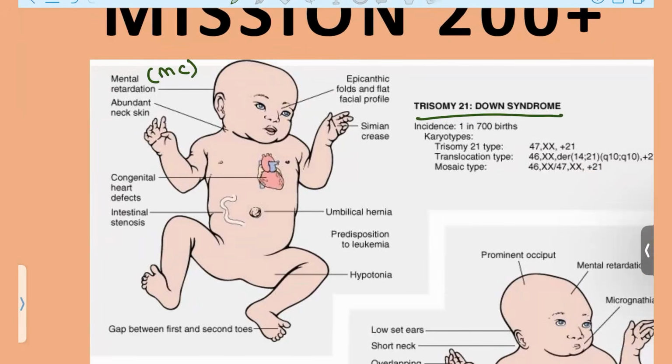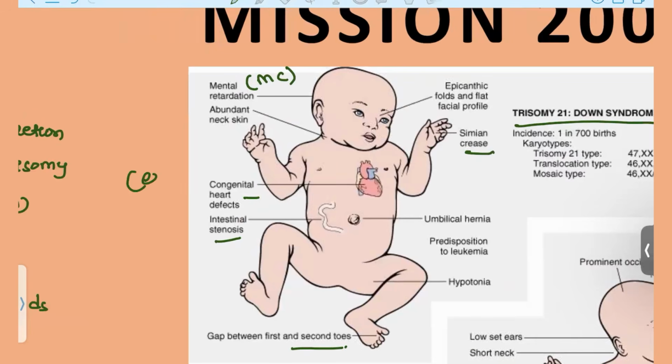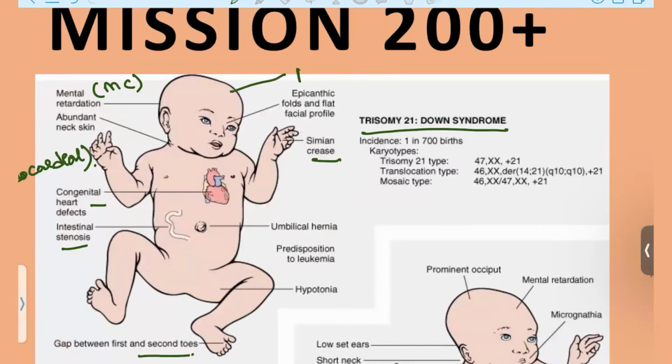The most common genetic disorder associated with mental retardation is Down syndrome, and they are going to have the simian crease and a gap between the first and second toes, associated with intestinal stenosis, congenital endocardial cushion defects, and prematurely there will be a risk of Alzheimer's in this patient due to the beta amyloid, right?